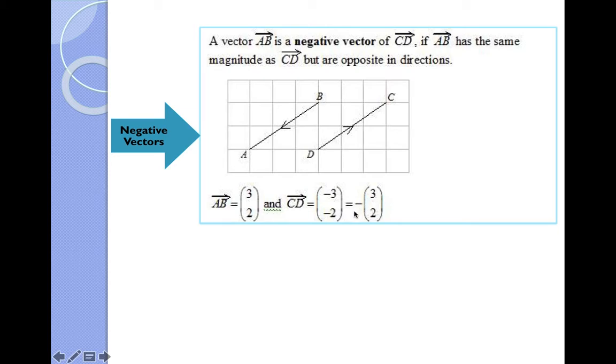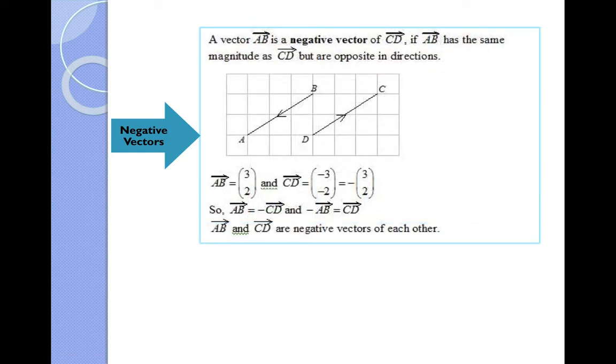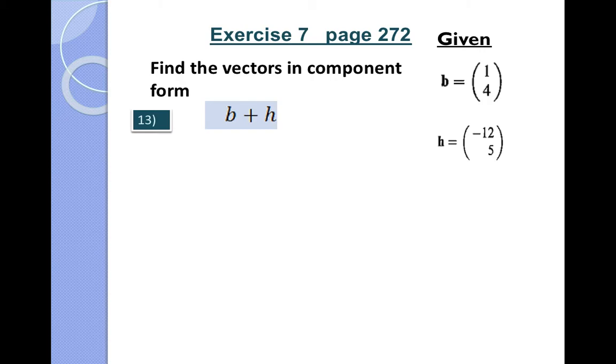That is the rule for negative vectors. When you take the negative of vector CD, the x component and the y component change sign. So vector AB and vector CD are negatives of each other. Now find the vectors in component form.